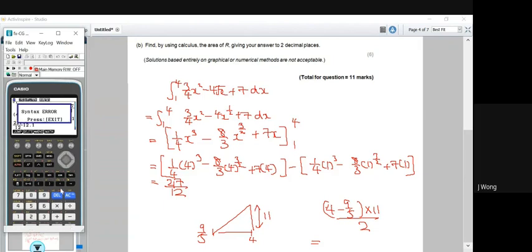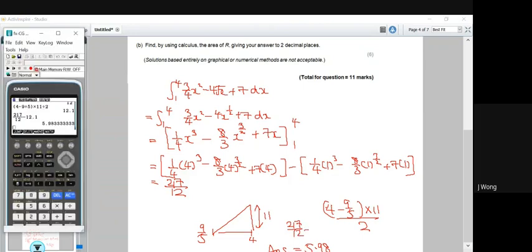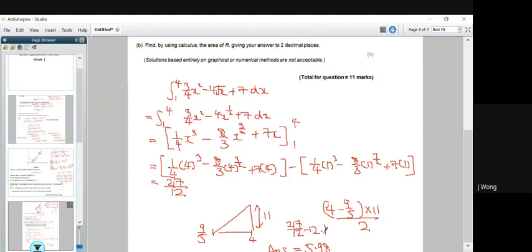Which means in order to find the final answer, you will have 217 divided by 12 and take that away by 12.1.